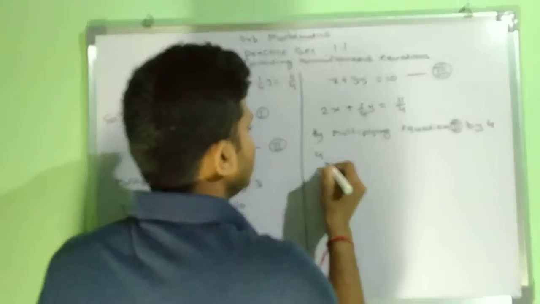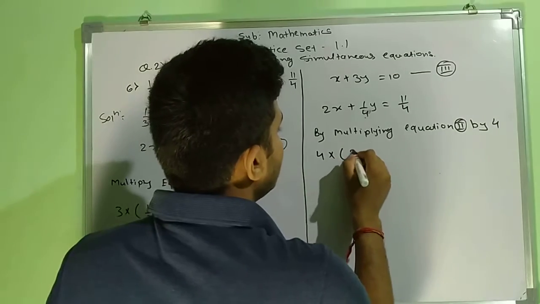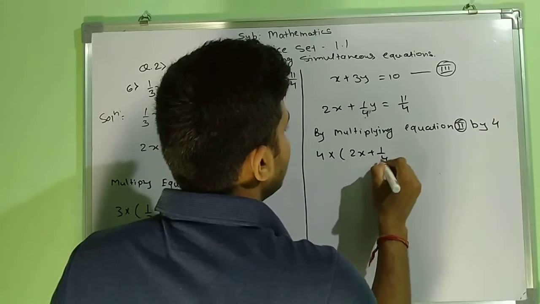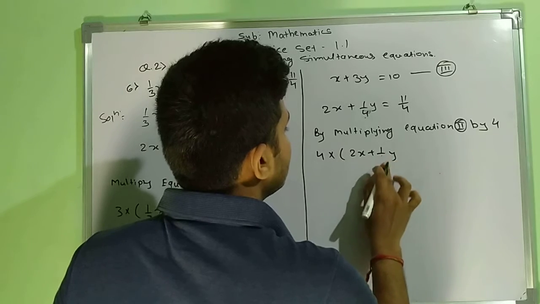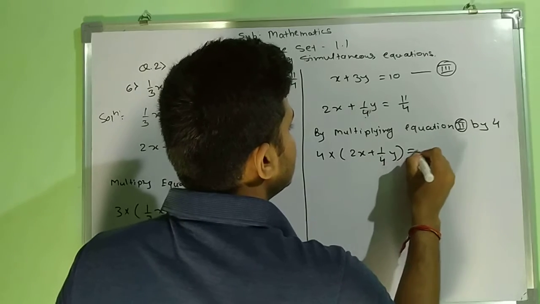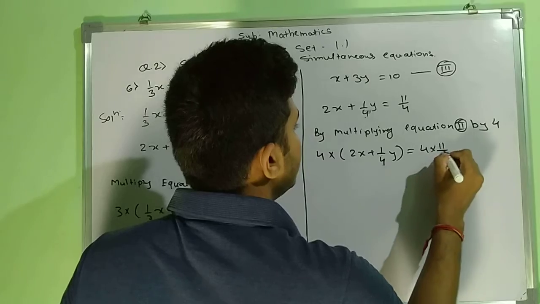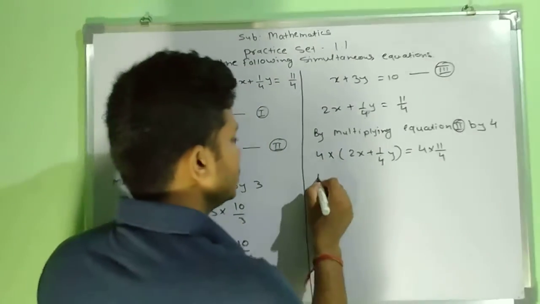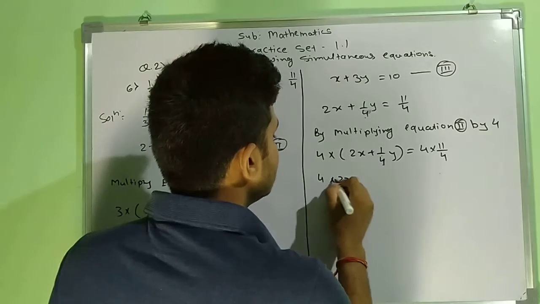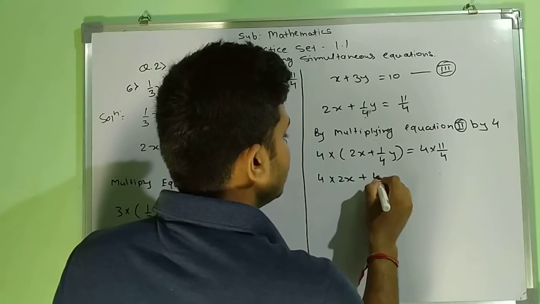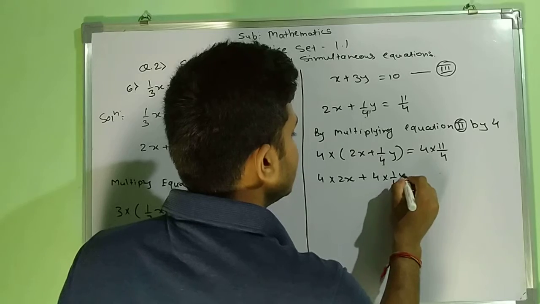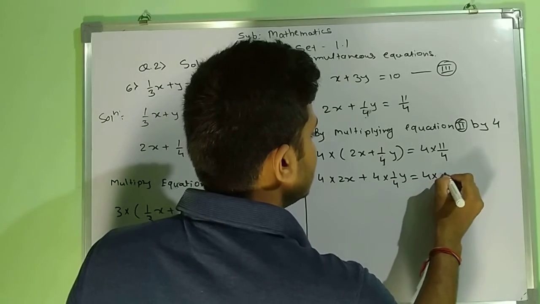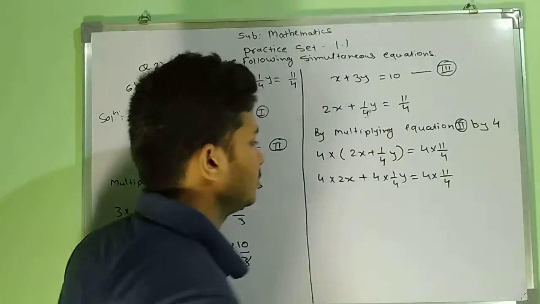So after multiplication, what will come? Inside the bracket 2x plus 1 by 4y, which is equal to 4 multiplied by 11 by 4. So that 4 will multiply inside the bracket: 4 multiplied by 2x plus 4 multiplied by 1 by 4y, which is equal to 4 multiplied by 11 by 4.